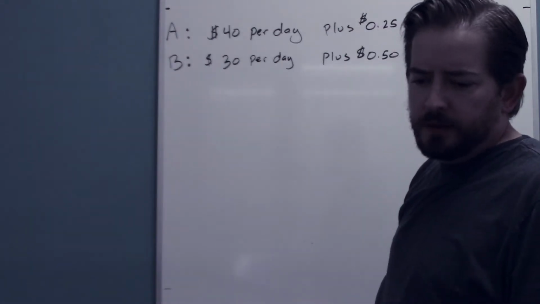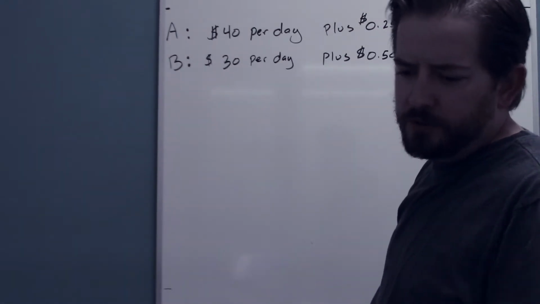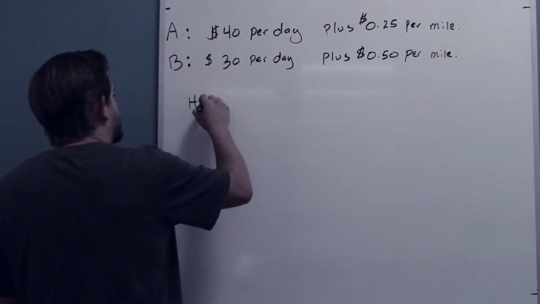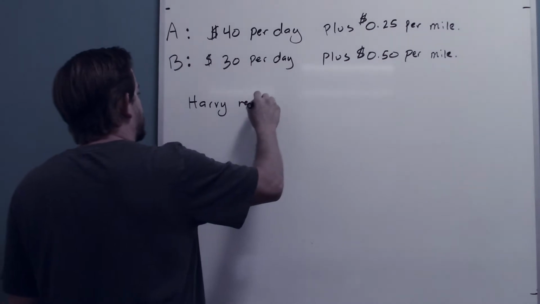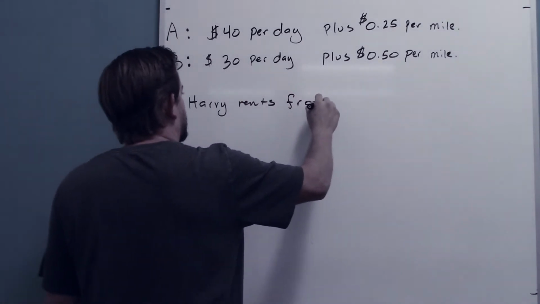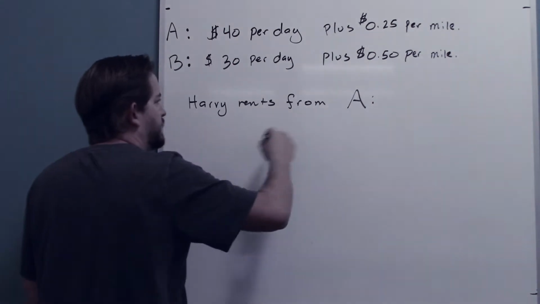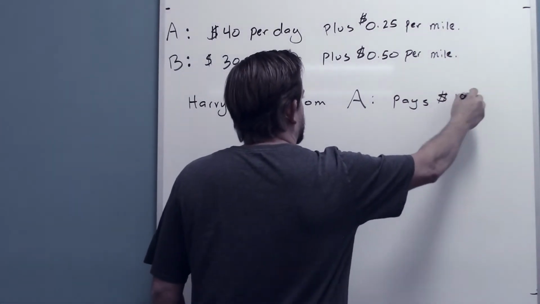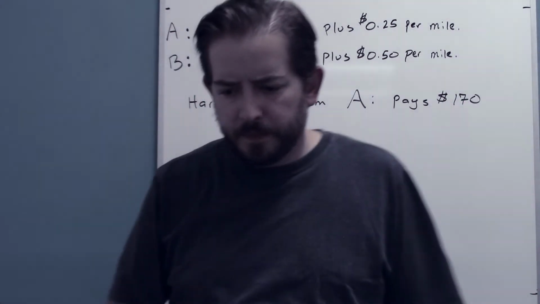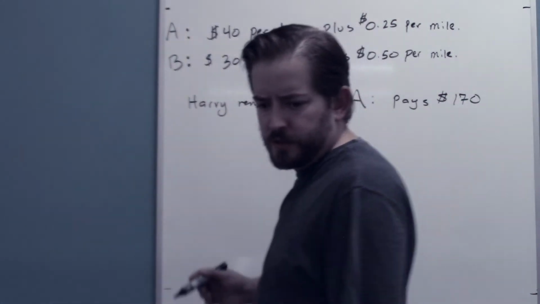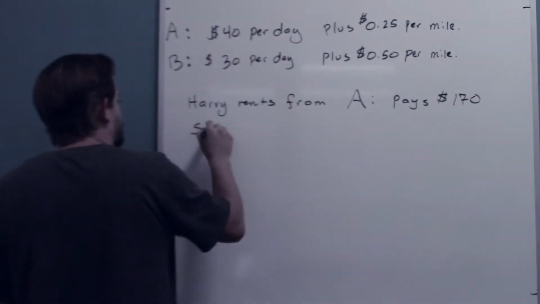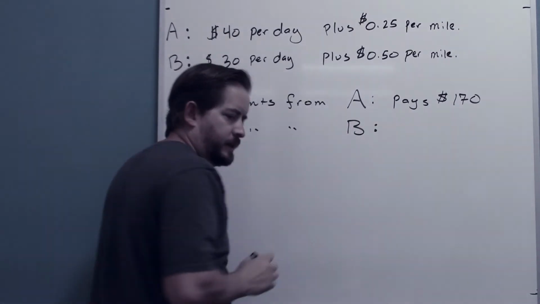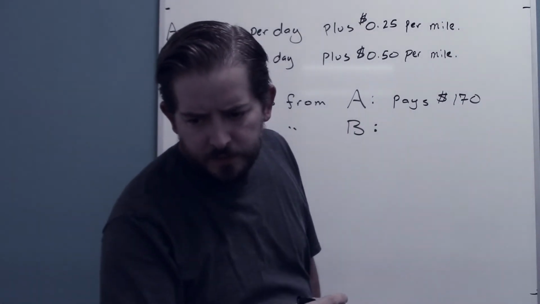Harry rents a car from American Rentals and pays $170. And Susan rents a car from Bowman, so Susan rents from Bowman and pays $190.